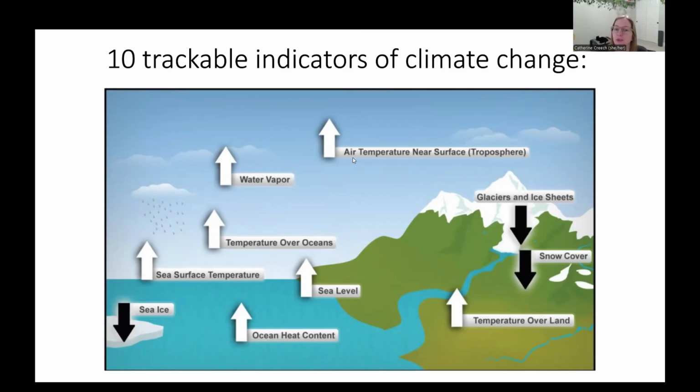That's also going to increase the air temperature up in the troposphere. All of that warming up, even warming up over the land, is going to decrease the glaciers and the ice sheets. We're also going to decrease snow cover. So that's our first 10 indicators of climate change that we can accurately measure every year.